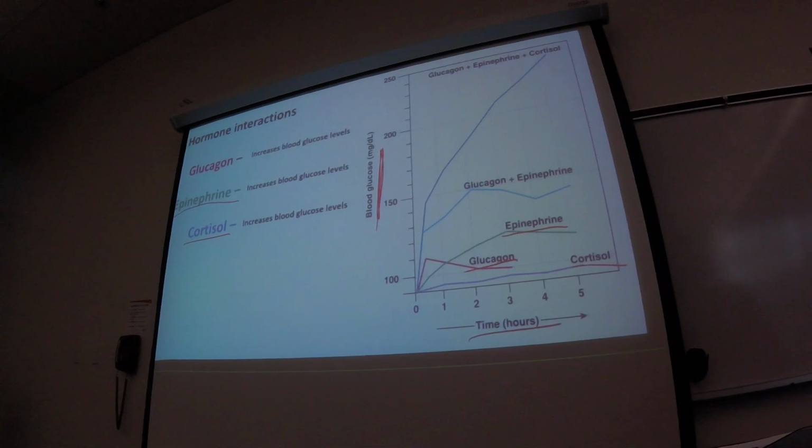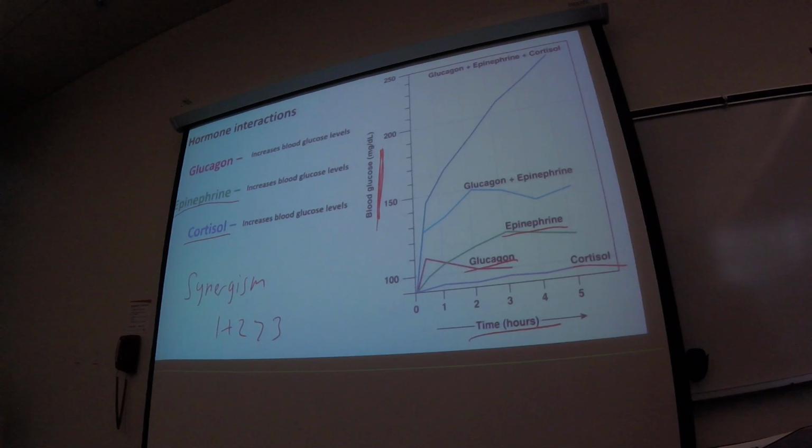This is called synergism. When you take 2 hormones and put them both in the bloodstream, they create a response that's greater than the sum of the 2 parts individually. So 1 plus 2 is now greater than 3, is the pseudo-math behind this.